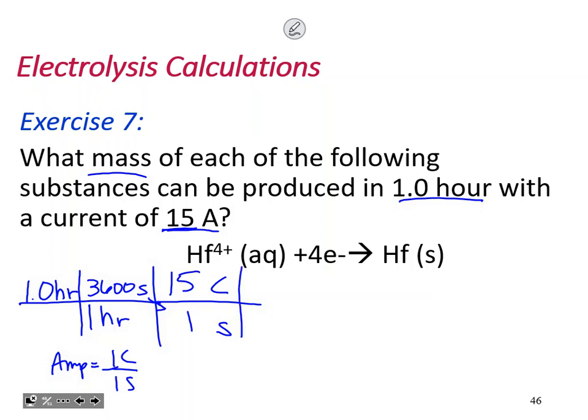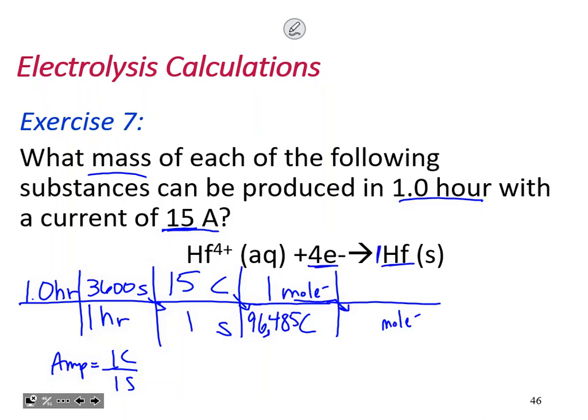Now we can go and take the coulombs and diagonal down, and we can go to moles of electrons. So this is 1 mole of electrons equals Faraday's constant. So we're going to use Faraday's constant in here. Now that we've gone to moles of electrons, we can take the moles of electrons, diagonal those down, and go to, so we have 4 moles to 1 mole.